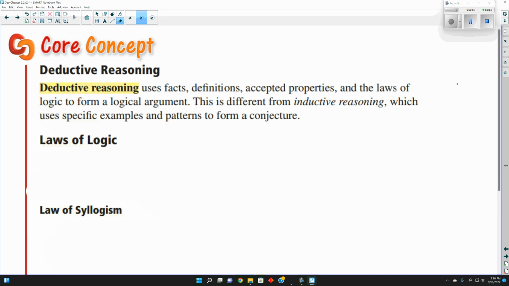This is different from inductive reasoning, which uses specific examples, patterns, or observations to form a conjecture. Deductive reasoning uses facts, definitions, accepted properties, and laws of logic to make a statement. So deductive is facts, inductive is patterns.